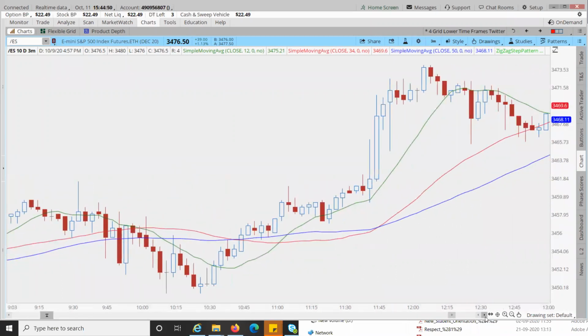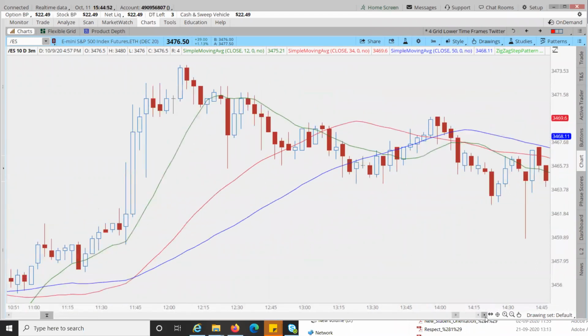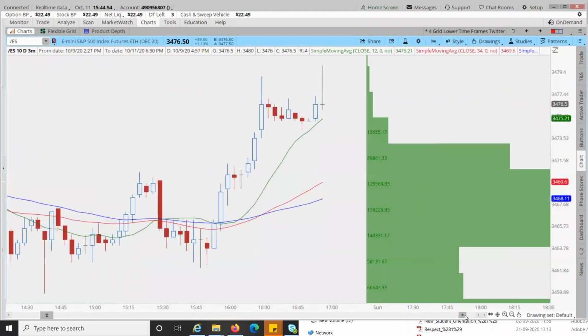And if you're comfortable with volume profile, come on. That gives you an indication of how many trades are contracted at these prices.